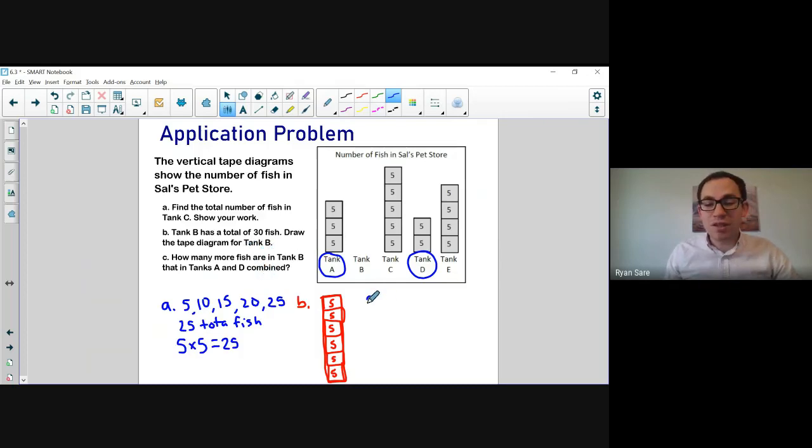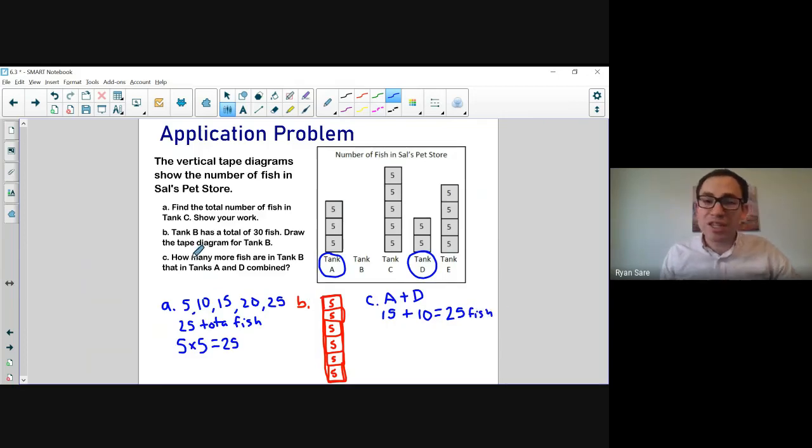So the very first thing that I want to do for this is I need to figure out how many are in tank A and tank D. So there are 5, 10, 15 fish in tank A, and there are 10 fish in tank D. I add those together, and there's 25 fish if I combine them.